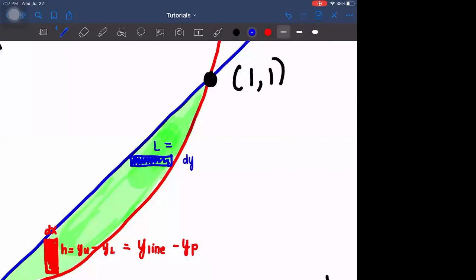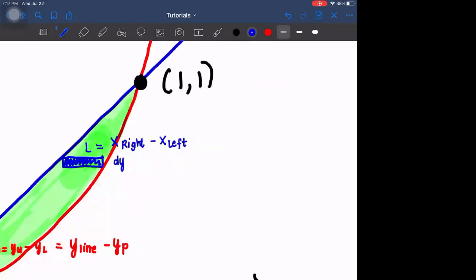But the length is always x on the right minus x on the left all the time. Right minus left, or upper minus lower. Now, what is on the right here? Parabola or line? Parabola.